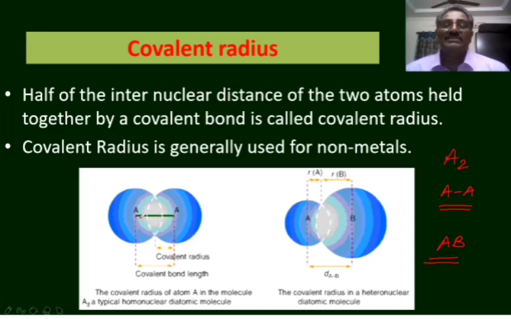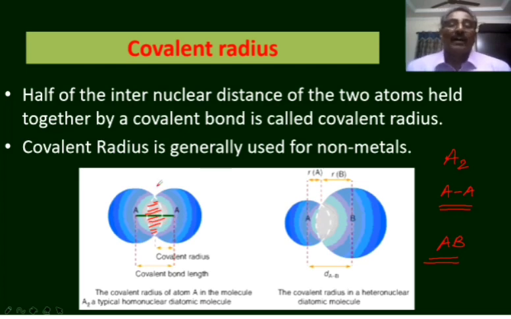In this homonuclear diatomic molecule, in the formation of a covalent bond, some part of the atoms are overlapped with each other. This part is common to both the elements. That means this part is overlapped between two atoms.